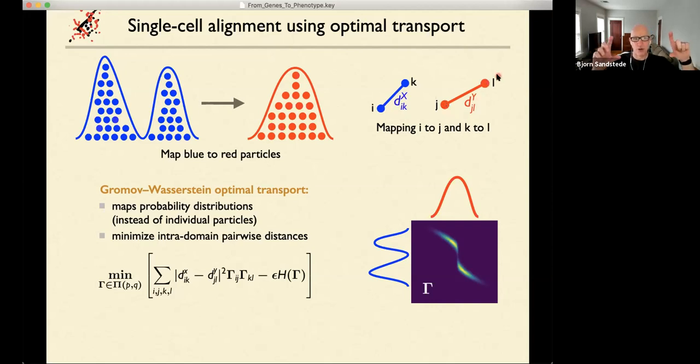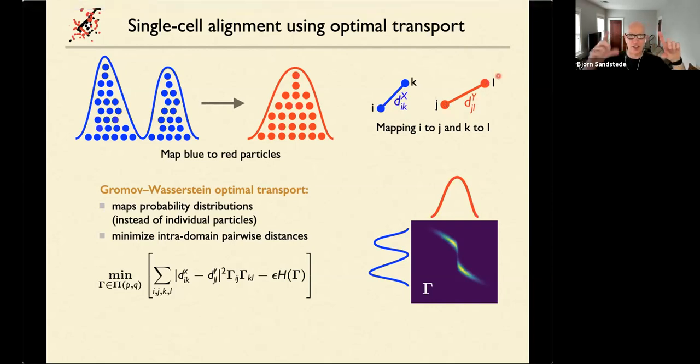So you're trying to preserve the data structure, the sort of adjacency or closeness in the data sets. The only intrinsic structure that you have is pairwise distances. That should mean something, because these are the coordinates that measure gene expression levels.